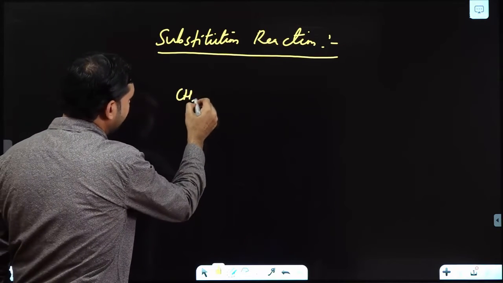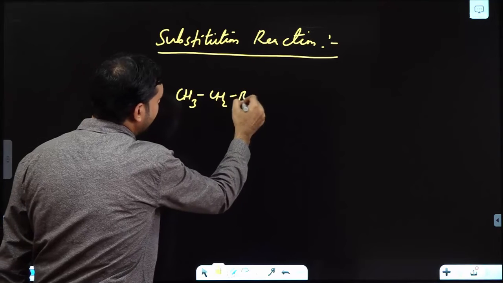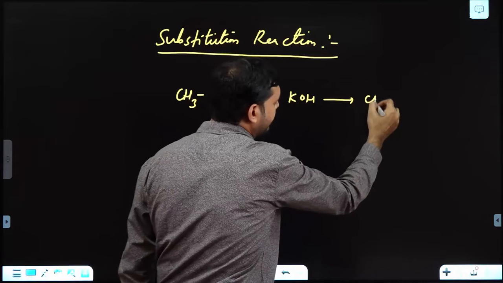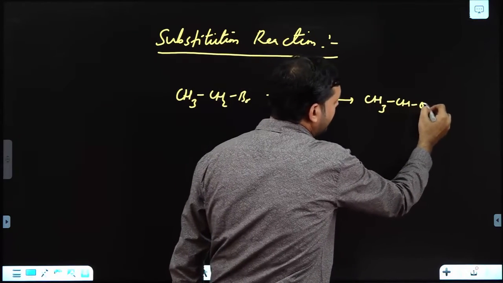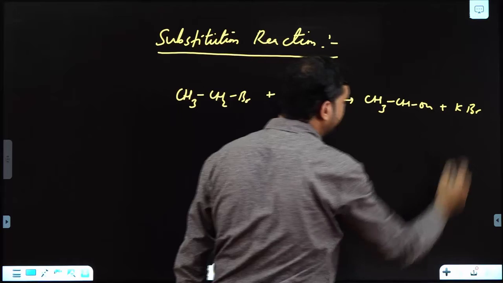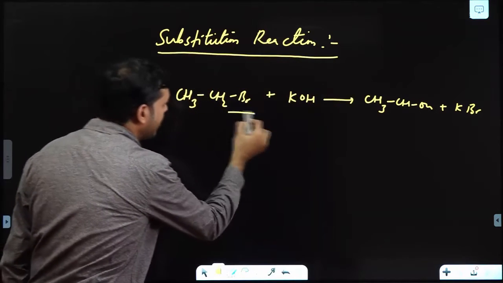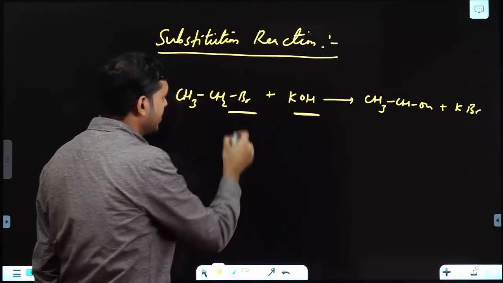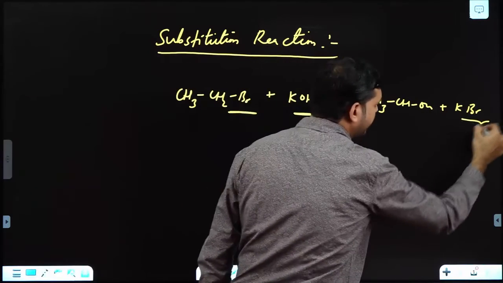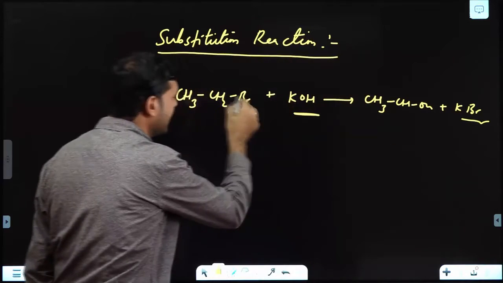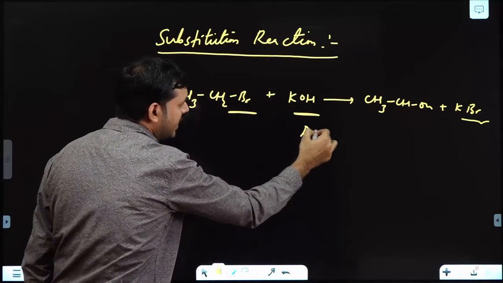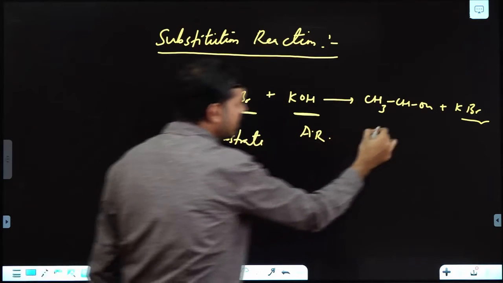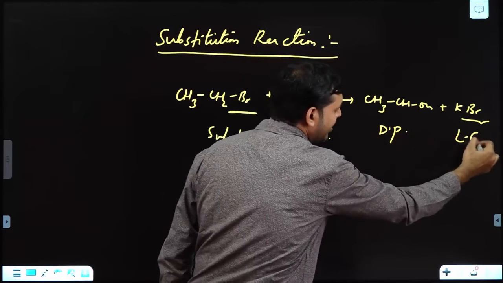If I say CH3CH2Br, bromoethane, reacts with KOH to form ethanol plus KBr, then this bromine group is substituted by this OH minus group. This Br is a leaving group, and this is your attacking reagent. This is your substrate, this is your desired product, and this is your leaving group.